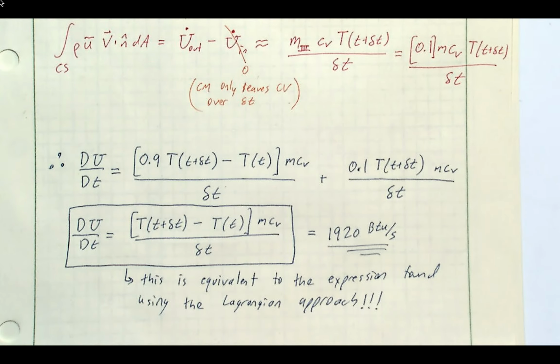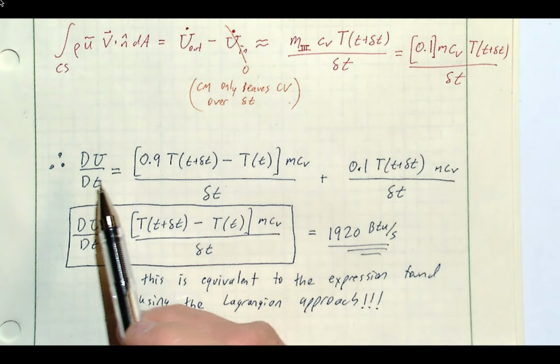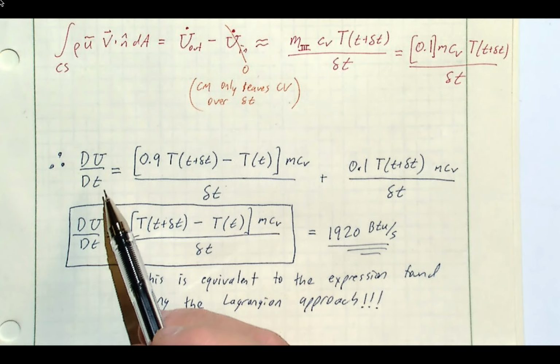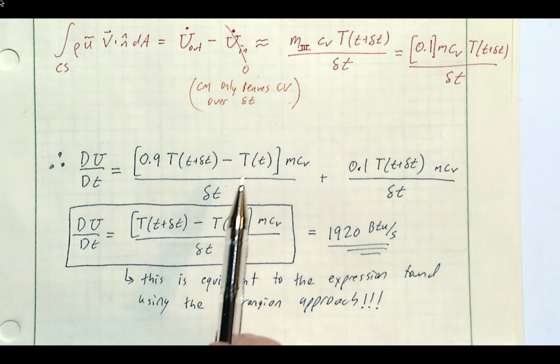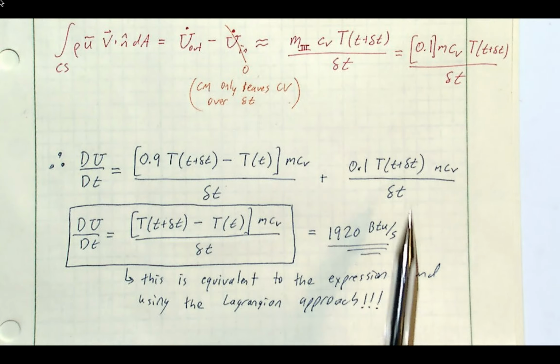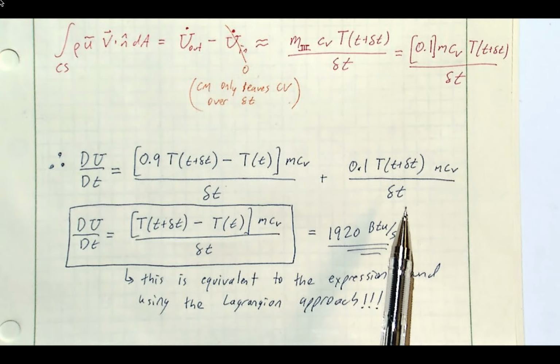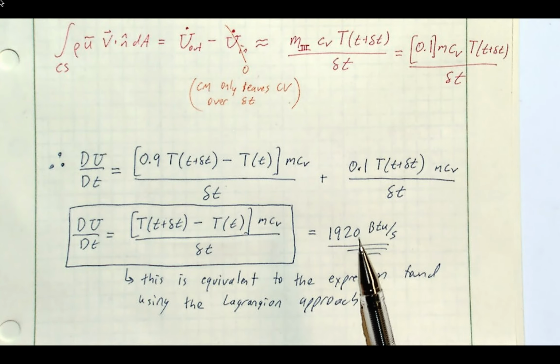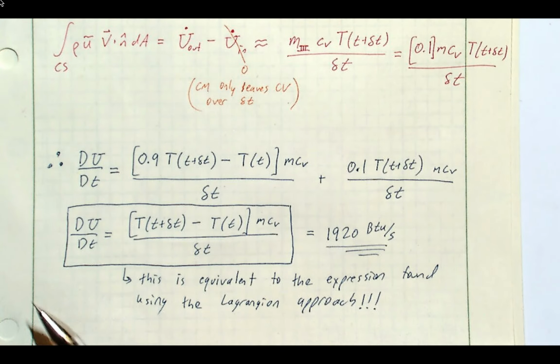And so that looks like this: the total time rate of change, the total material derivative of energy for our control mass, equals this time derivative term plus the flux term, the energy flux through the control surface that bounds the control volume.